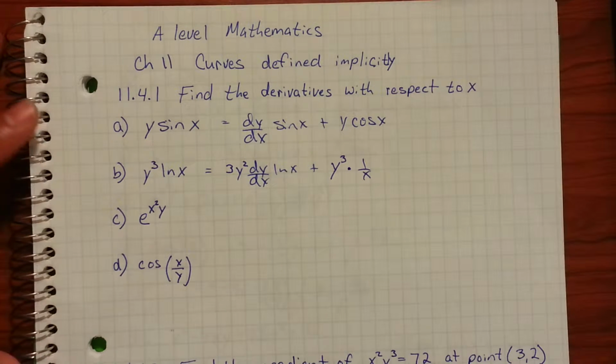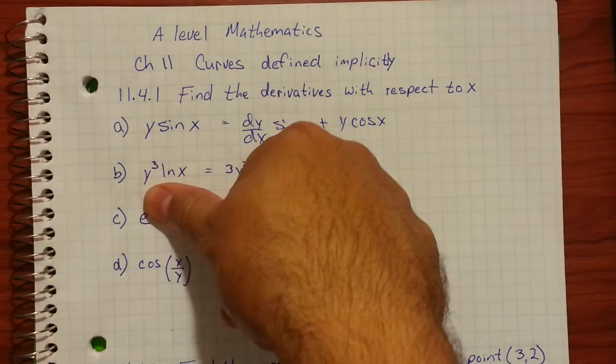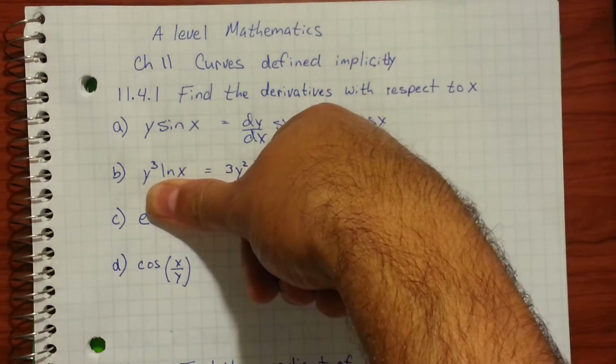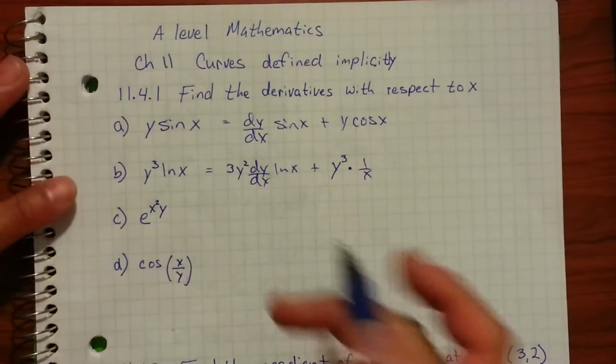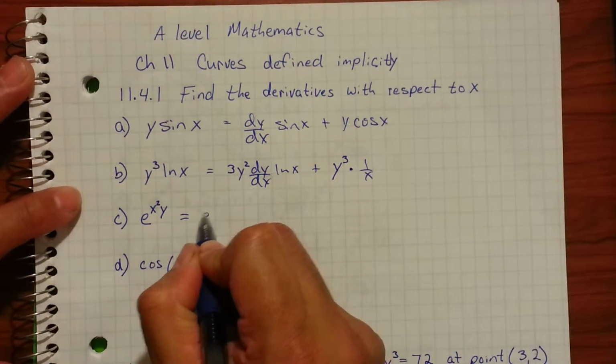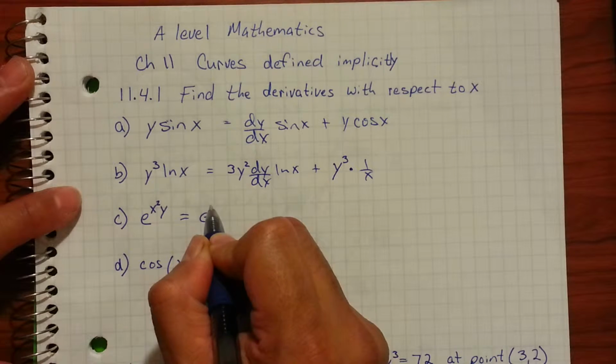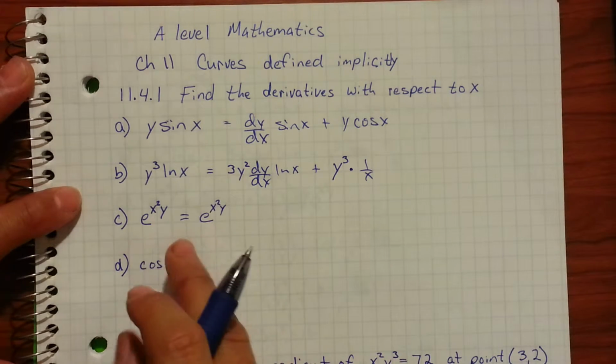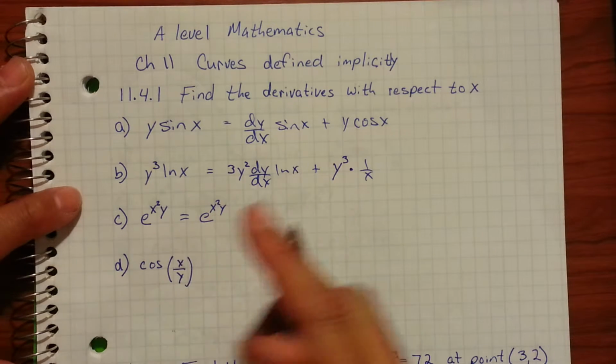Now for C, we're going to do product rule and chain rule. So let's start with the chain. So if I do the chain, I'm going to cover up that. So the derivative of e is just going to give me e to whatever that I have right there. So it's going to give me e to the x squared y. So chain rule is derivative of the outside times the inside.